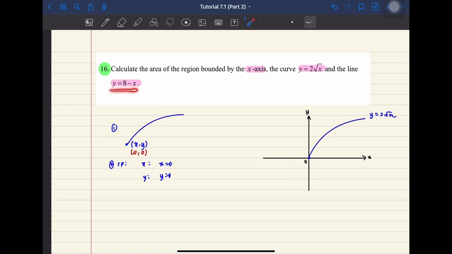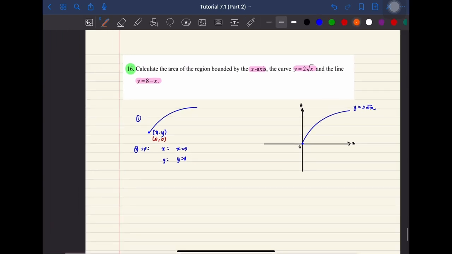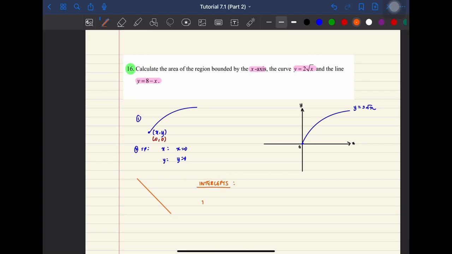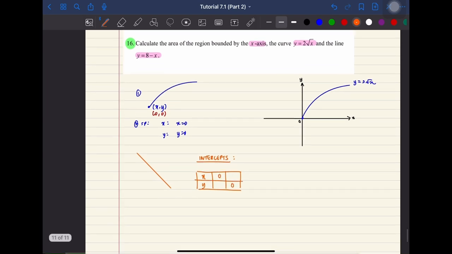Next we will draw this graph. It is a linear graph, and linear has two shapes. How do we know which one? We look at the negative x. So with negative x, this is the shape. Now that we know the shape, where does it cut? We need to know its intercepts. When x is 0, y is 8.